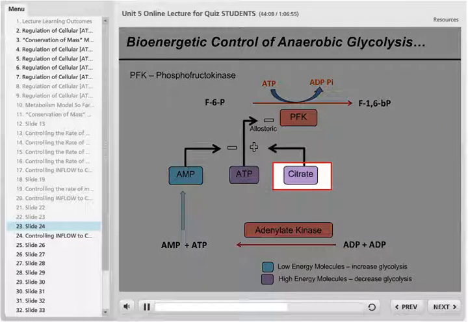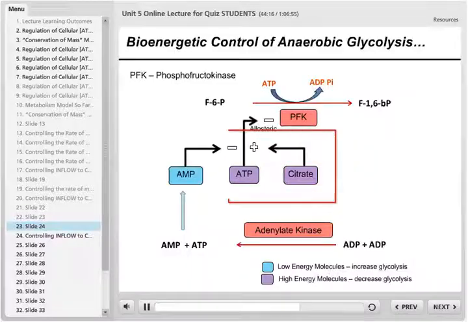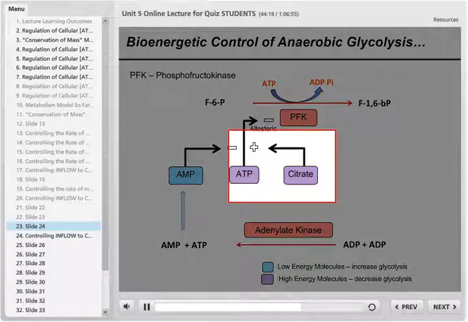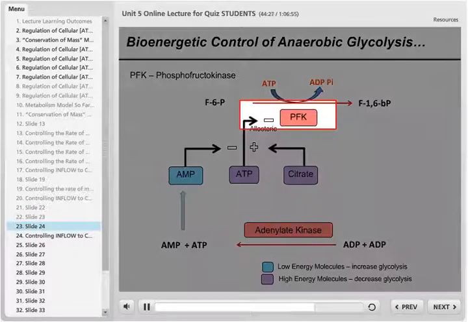You'll see when we get to the tricarboxylic acid cycle why we might call this a high energy molecule. And what that essentially does is enhance the allosteric impact of ATP on phosphofructokinase. So both of these act together to inhibit this enzyme and reduce anaerobic glycolysis.